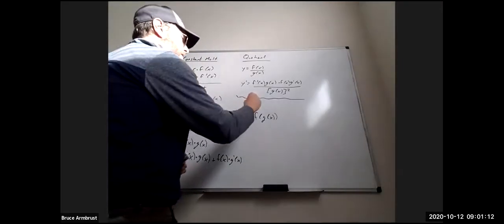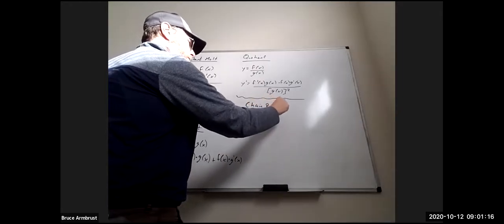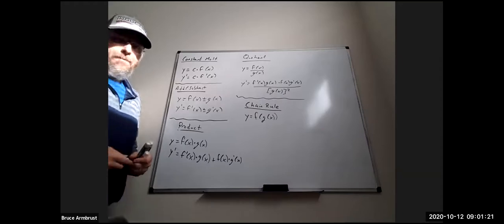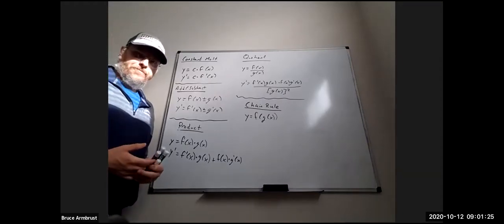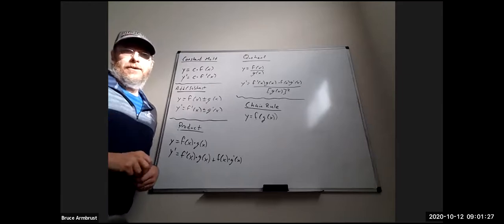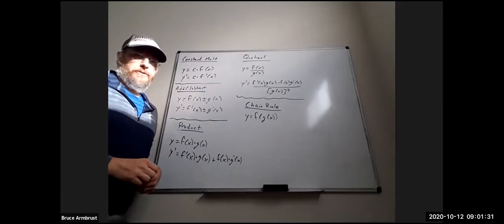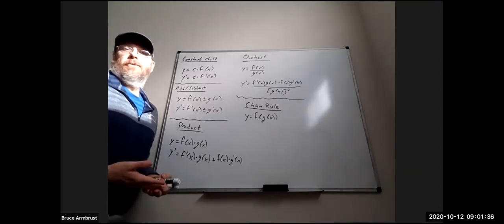I'm going to tell you that we call this the chain rule. That's the name for this. The chain rule is for when we're dealing with composition, so we need to develop that today. Once we've got that, we're going to see what good it is, why we care about them.